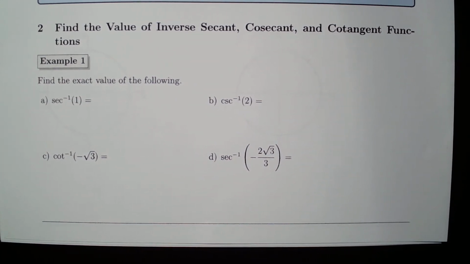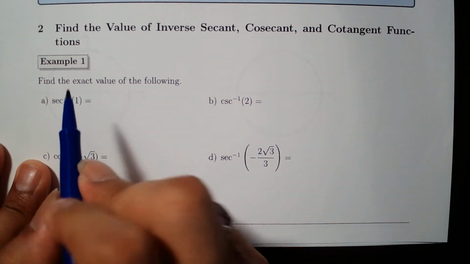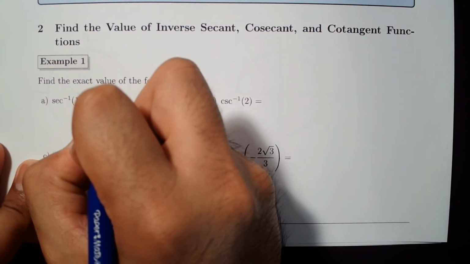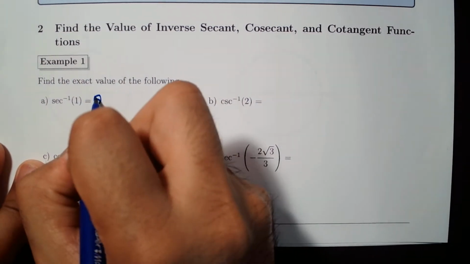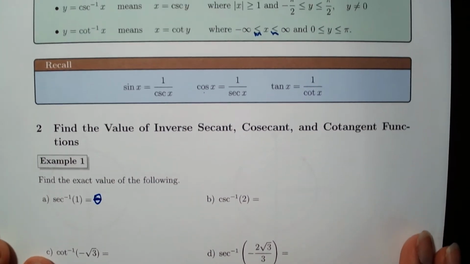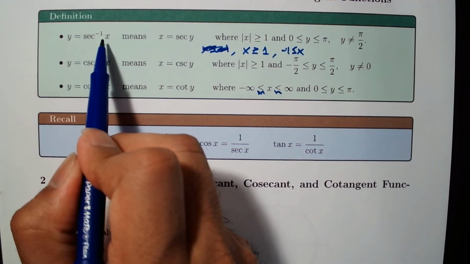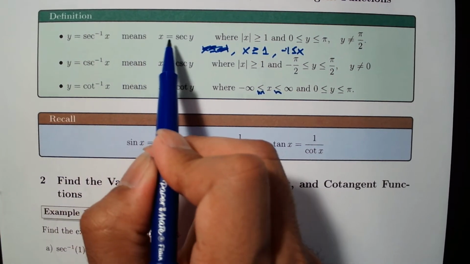So let's find some of the values of inverse secant, cosecant, and cotangent. Secant inverse of 1 is going to be some value theta. Ultimately, we're looking for the angle whose secant is 1. Keep in mind that secant inverse of x equals y means x equals secant of y.